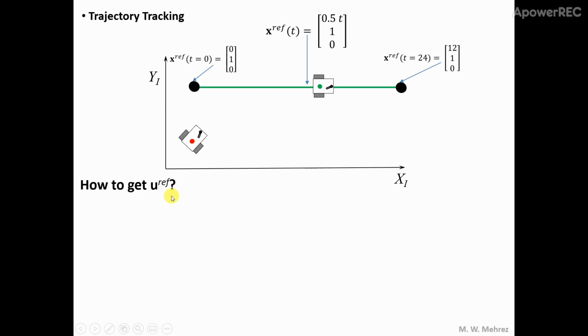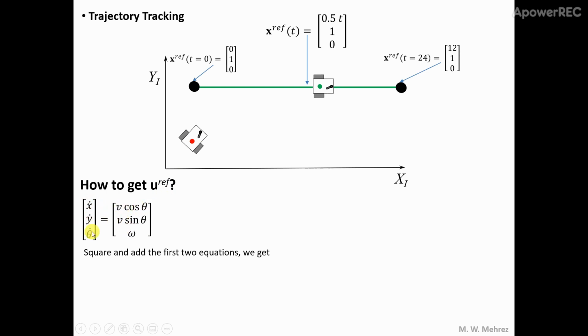So what about uref? So we said that uref is the reference control action that would make my robot go along this trajectory. Alright, so how to get this? Actually, we should have a look at our kinematics equation in order to be able to get uref. So we know that uref has two components, v and omega.